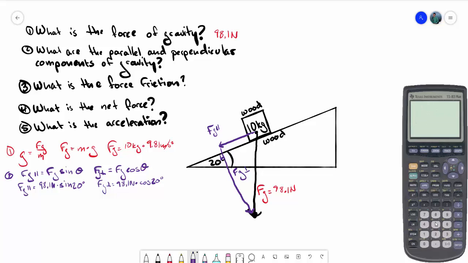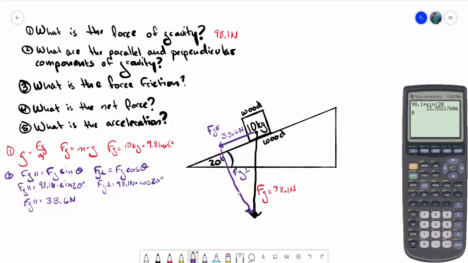As you can see, I did some checking. 98.1 times the sine of 20 degrees gives us a force of gravity parallel equal to 33.6 newtons. So this value over here is 33.6 newtons.